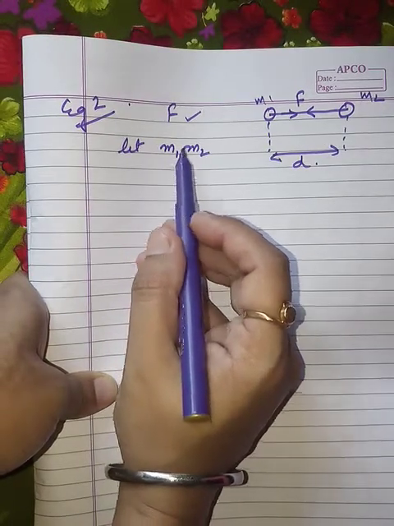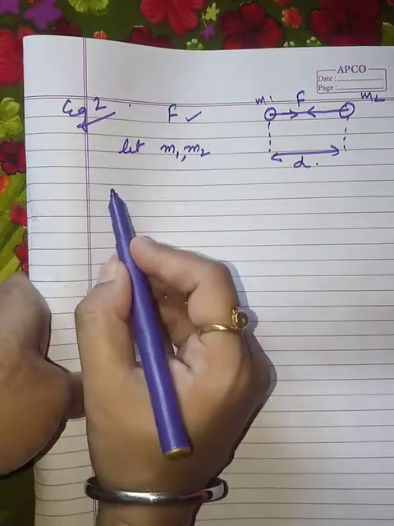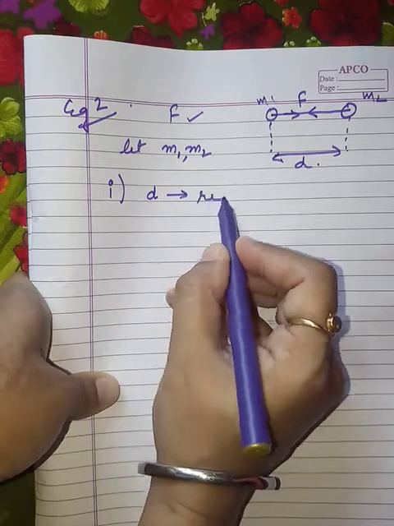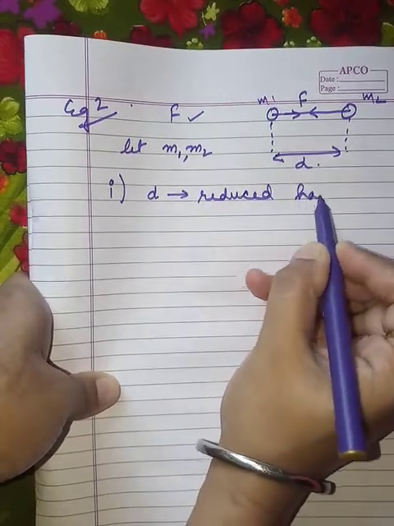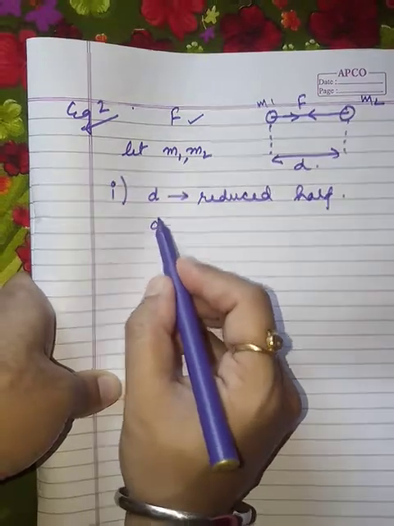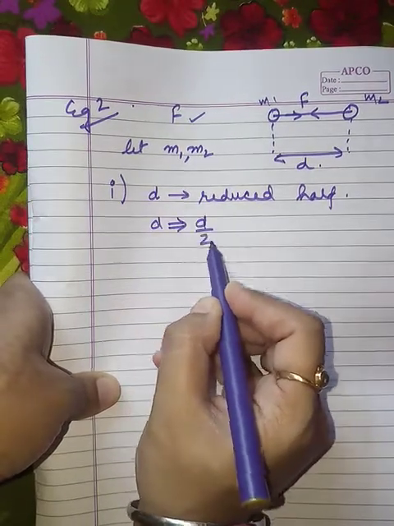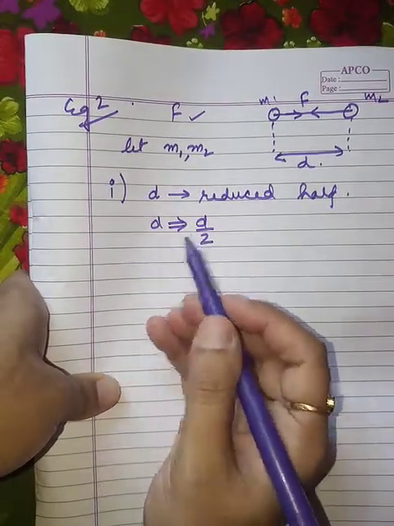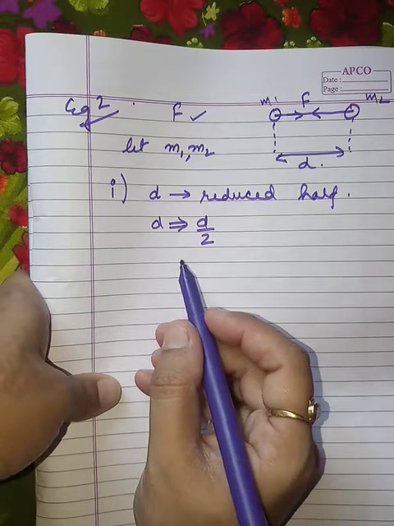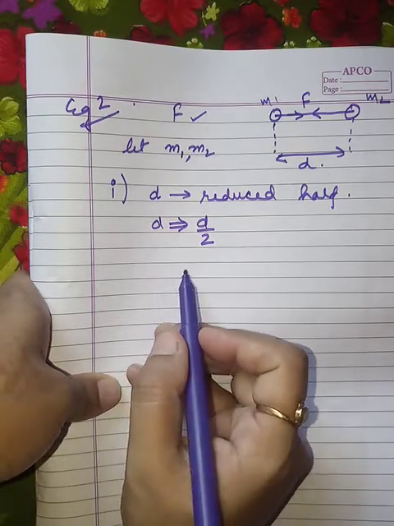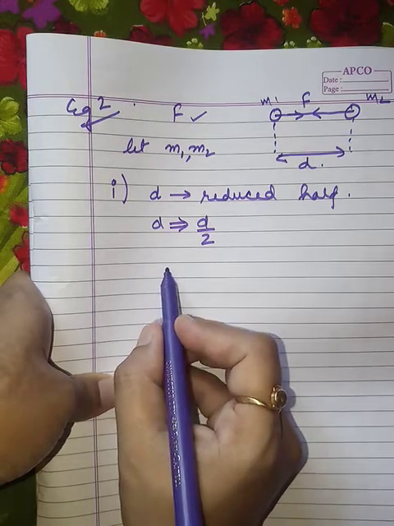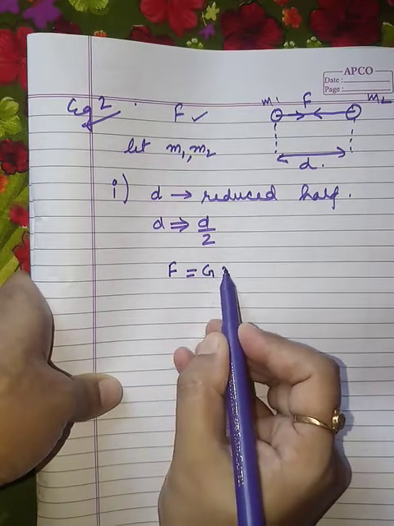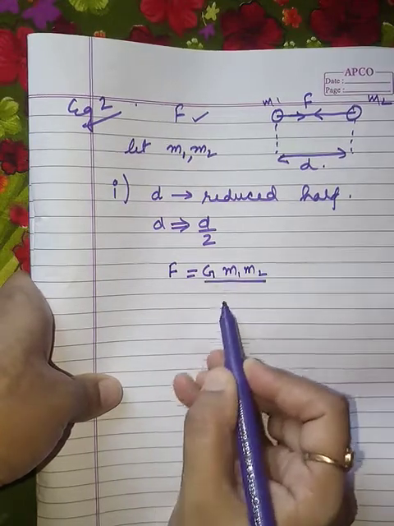Now we have to see in part 1, if the distance d is reduced to half, that means d becomes d upon 2. d has been reduced to half of its value. Then what will happen to the gravitational force F? In the first case the gravitational force is F, so according to our formula, F = G m1 m2 divided by d square.